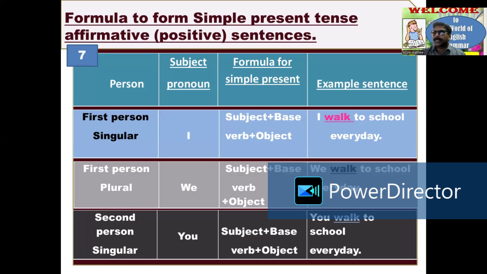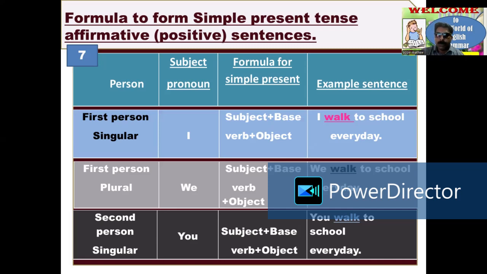Then teacher asks a question to Anagha. Can you give me an example sentence using I? Anagha gives the answer to the teacher: I eat breakfast in the morning. Excellent. That's great, Anagha. See, we are just using the base form of the verb after I.